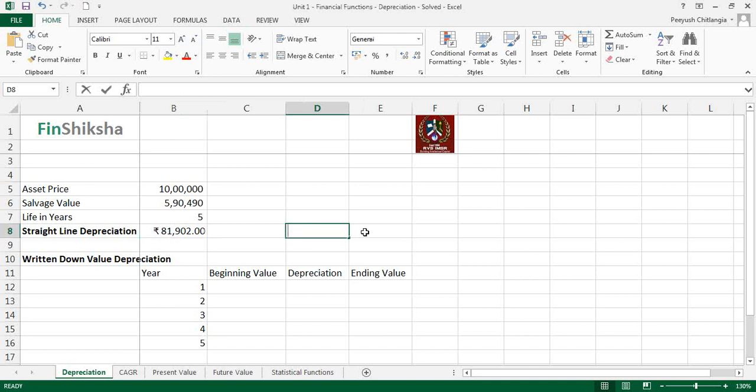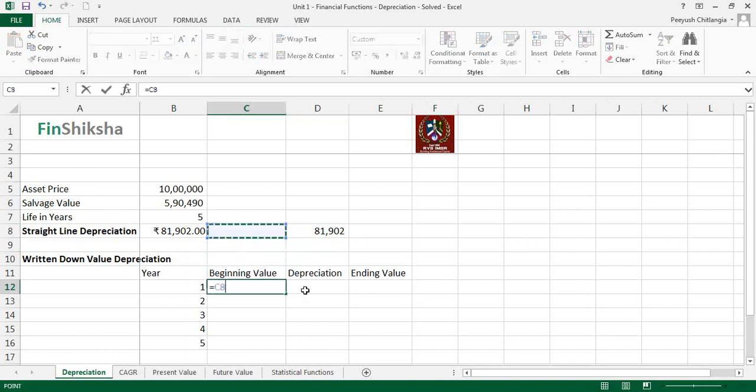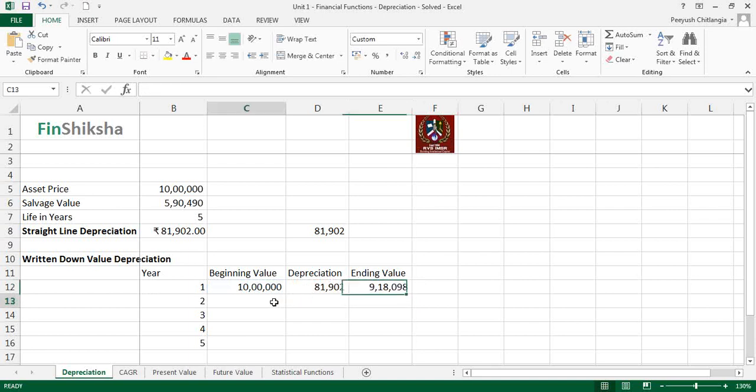If I actually just calculate it using our calculation method, which is 10 lakhs minus 590,490 and divide this by 5, that also comes to 81,902. We can also try and see whether it eventually takes us down to that value. So this is 81,902 and the ending value is going to be 10 lakh minus 81,902. The ending value of one year becomes the beginning value of the next year.